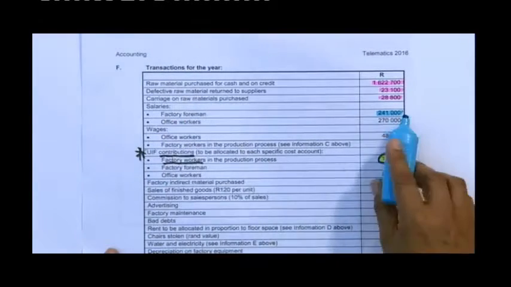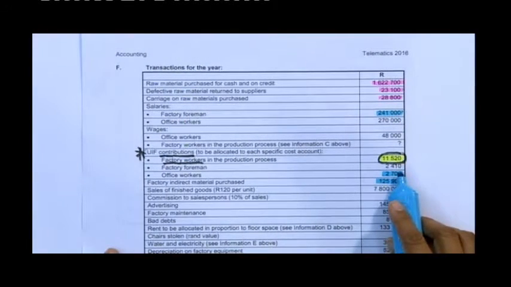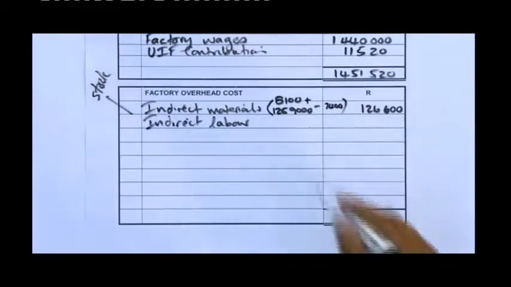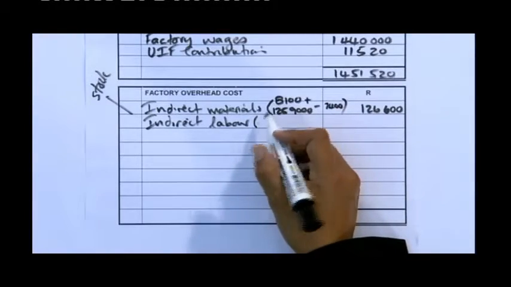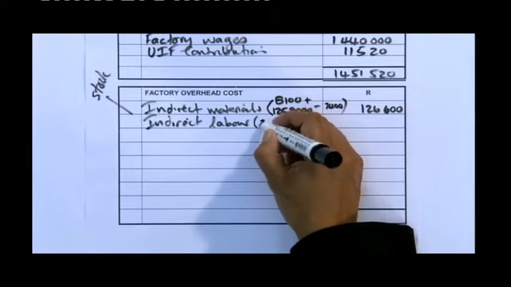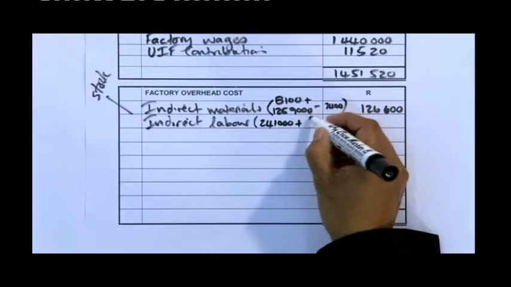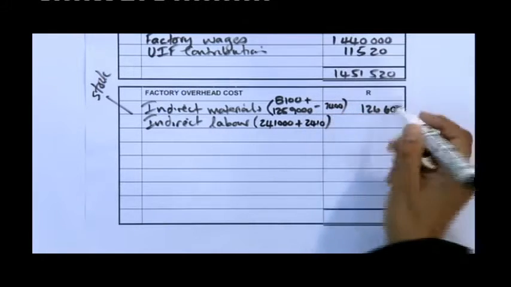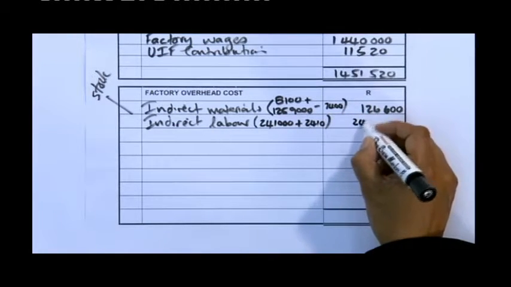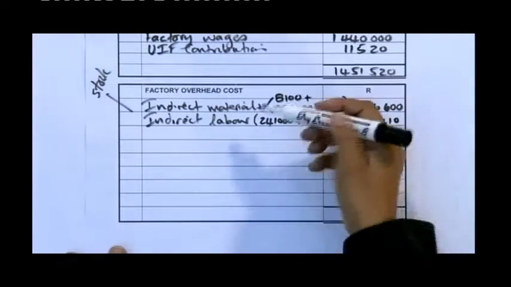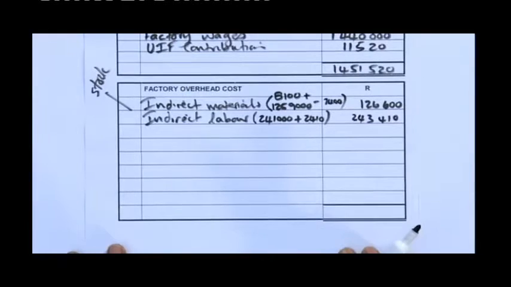So factory foreman, that plus that amount. That's going to be the factory foreman's amount, and I'm going to put the amount in brackets. You can see that whatever I put in brackets, that is what I'm going to add together, plus 2410, and it's 243,410. Okay, so there I've got my all-important calculations.